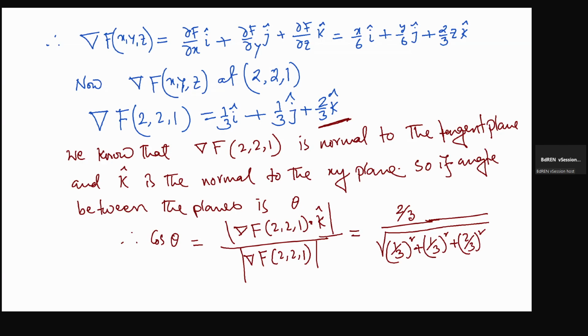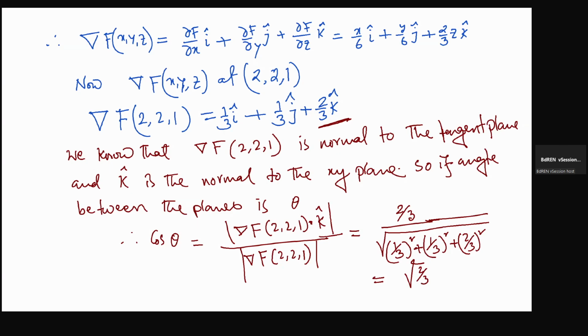No, sir. Then calculate the things, then you will get the square root of 2 divided by 3.